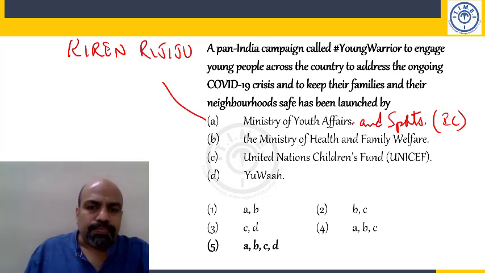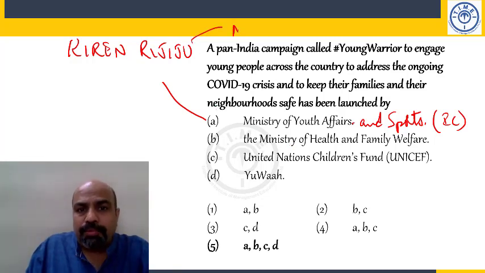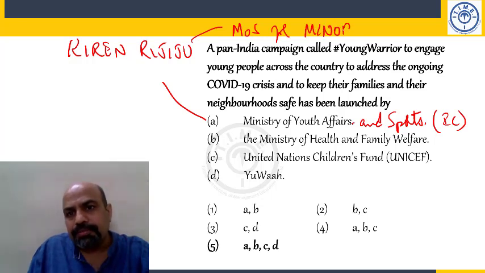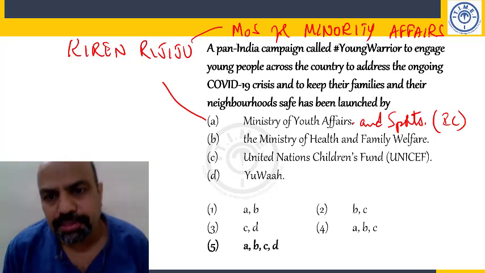Not only this ministry, he also holds another ministry. So you could also write MOS, Minister of State for Minority Affairs.